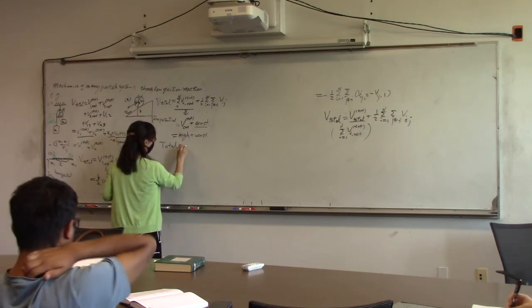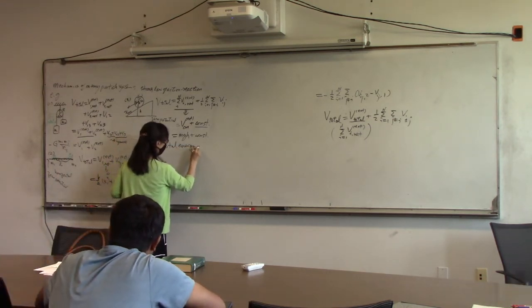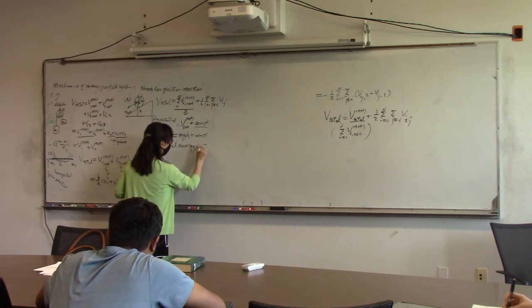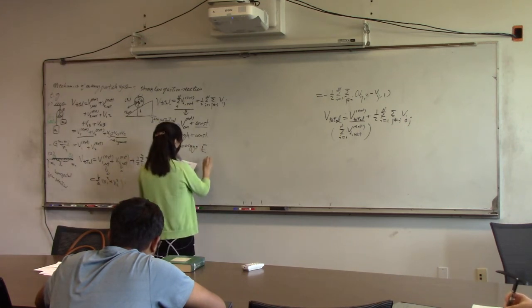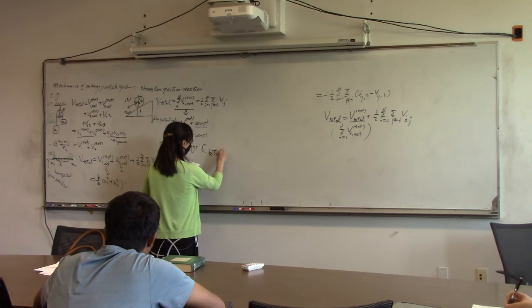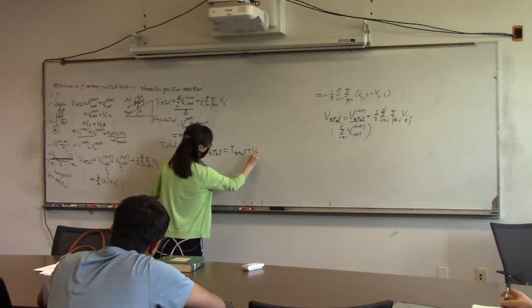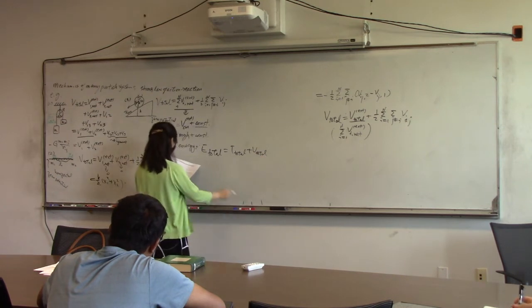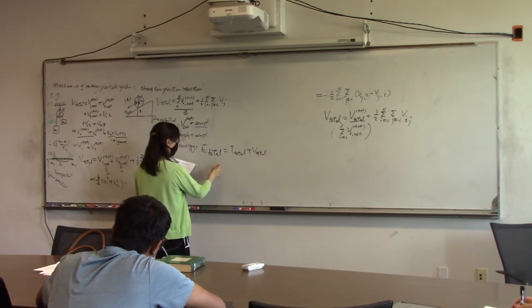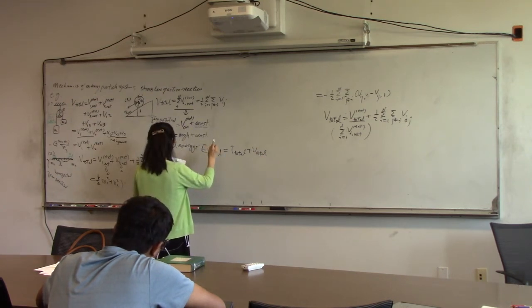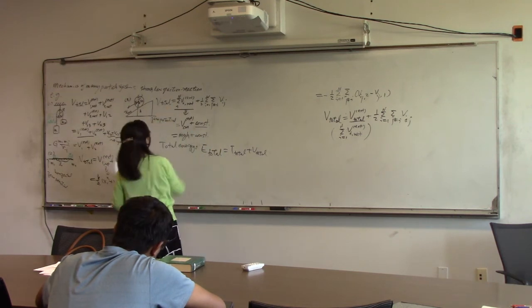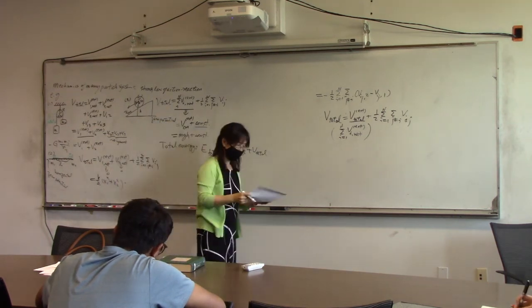Total energy, E total, is total kinetic energy plus total potential energy. And then, okay, I think each one already has the formulas, I will not write that.